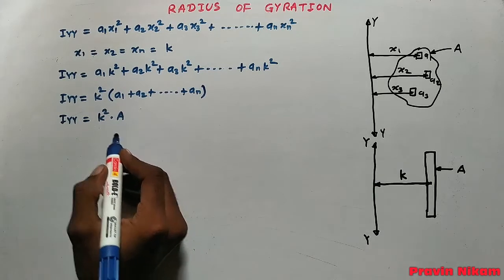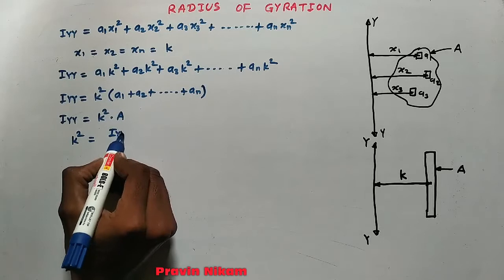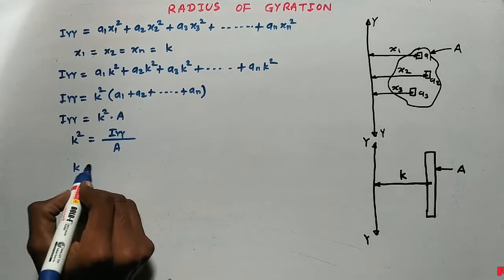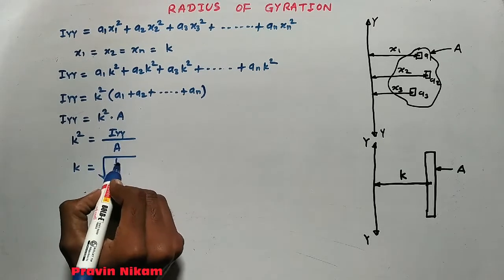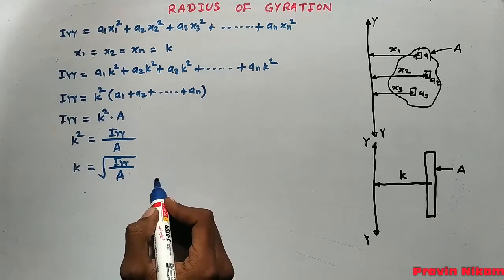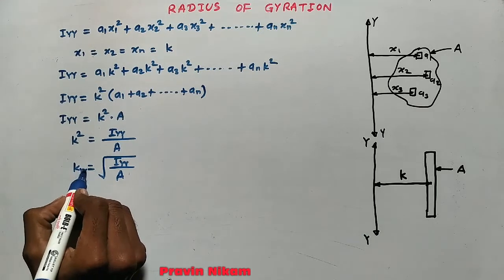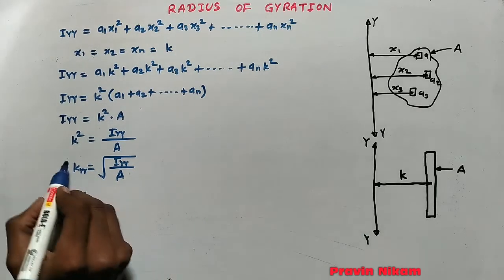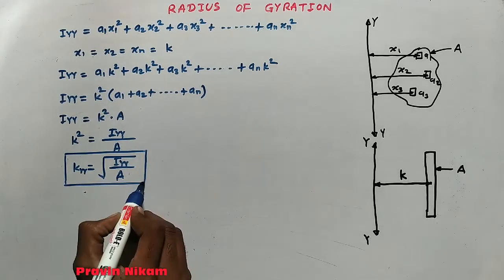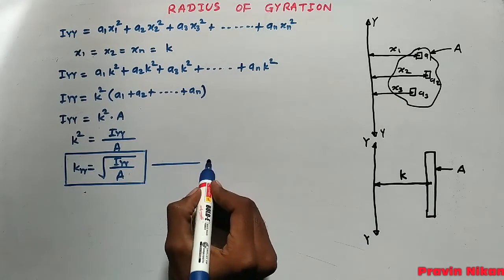So we have to find this k. k squared is equal to Iyy divided by A, therefore k is equal to the root of Iyy divided by A. If this is the moment of inertia about the y-axis, take this as kyy. So kyy is the root of Iyy divided by A. This is a distance, so the unit is mm.